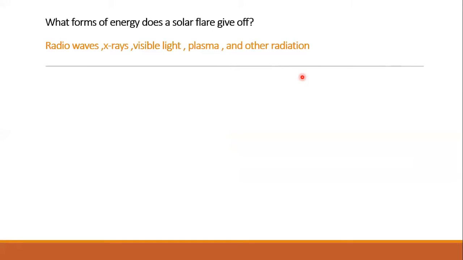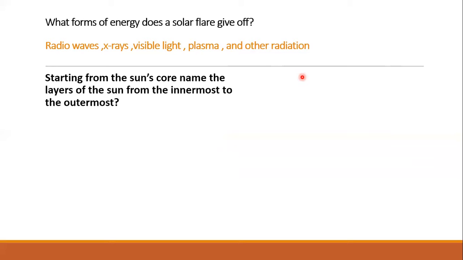Now here, I want to ask you, what forms of energy does a solar flare give off? Radio waves, X-ray, visible light, plasma, and other radiation. Now, start from the sun core, name the layers of the sun from the innermost to the outermost.